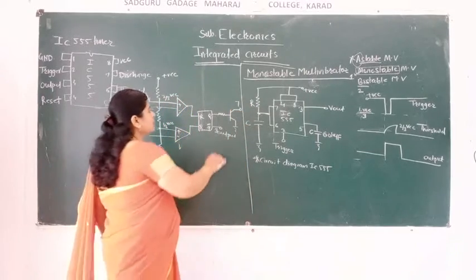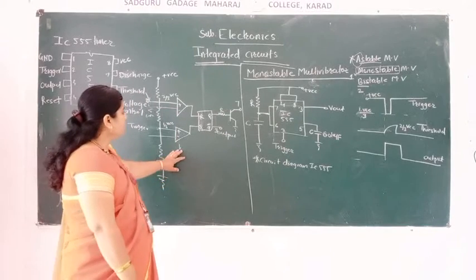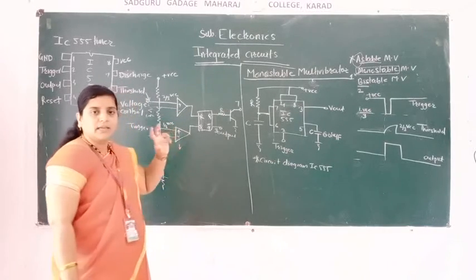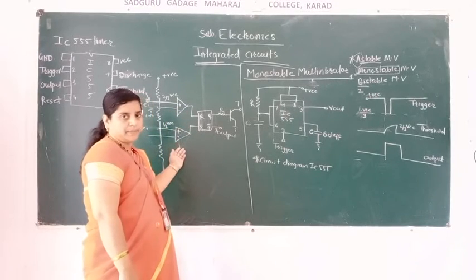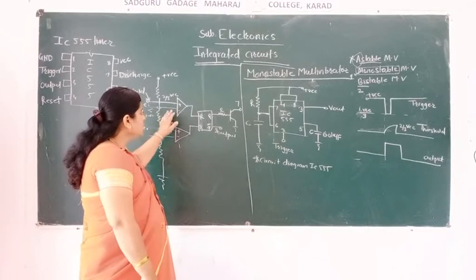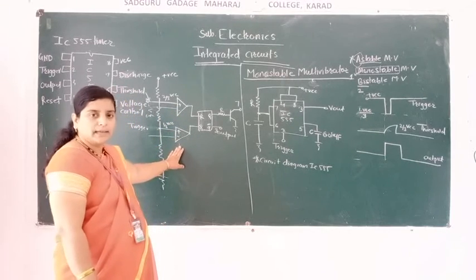So what happened in this diagram? What we have seen is that these two comparators compare whether this will be high or this will be high. When comparator 1 will be high and when comparator 2 will be high, we have seen that.